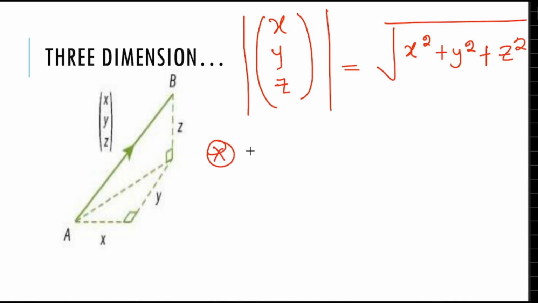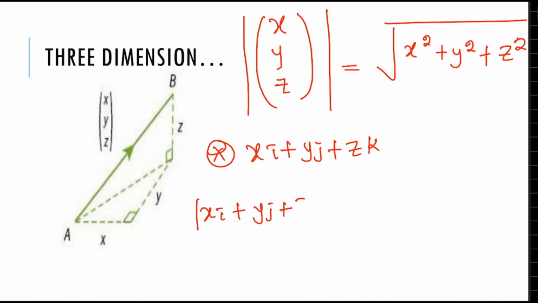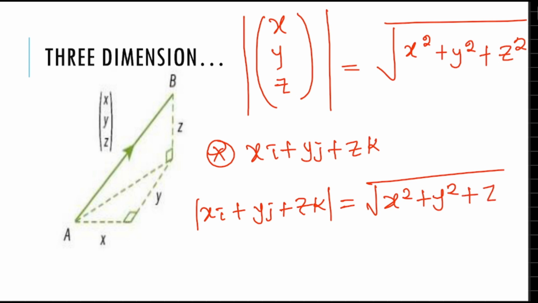Also, if we write it in unit form, xi plus yj plus zk, the magnitude will still be the same thing: the square root of x squared plus y squared plus z squared.